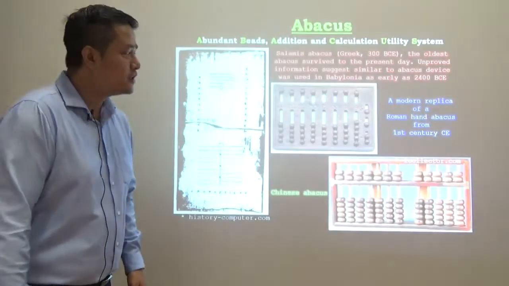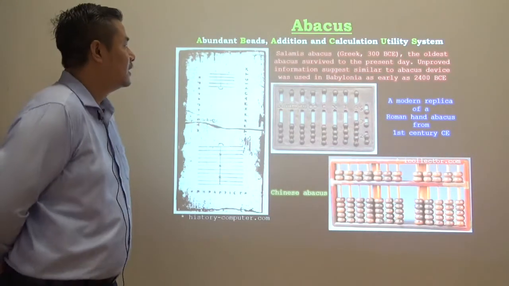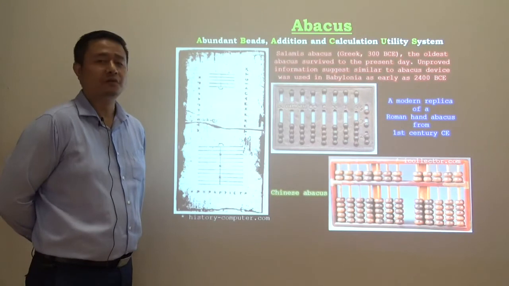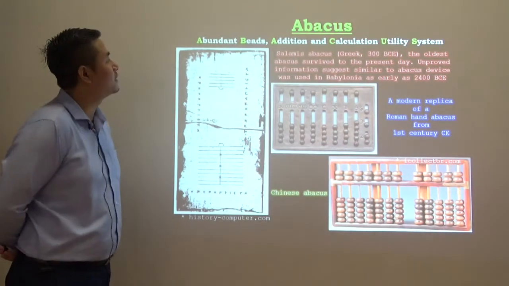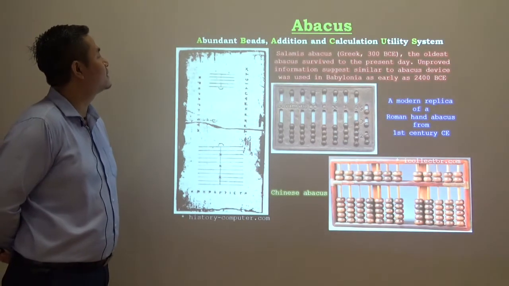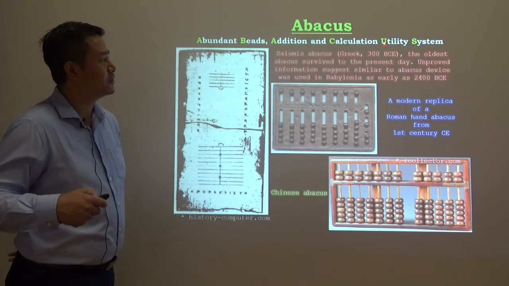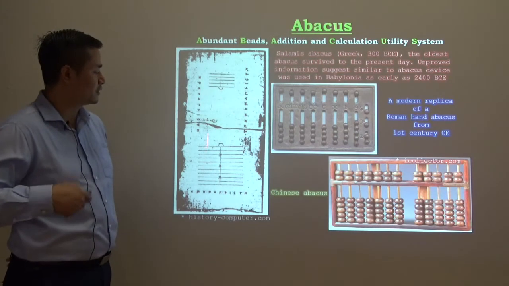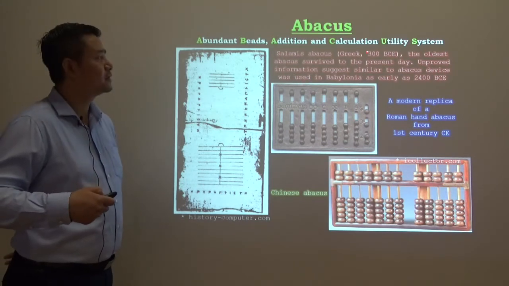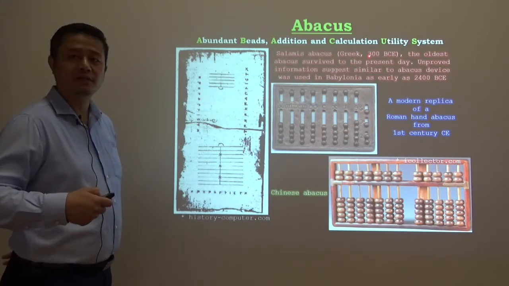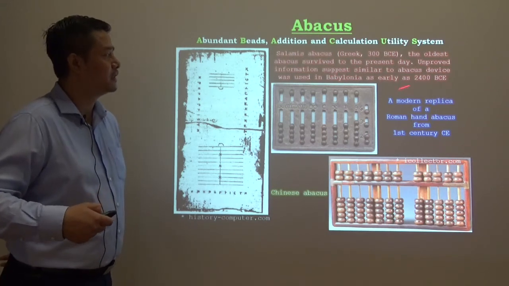So the first computation facility or computer of its kind, the first known, is the Abacus, which is an acronym. It stands for Abundant Bits Addition and Calculation Utility System, and this is the picture. This is the Salamis Abacus, Greek, 300 BCE, before Common Era, the oldest abacus to survive to the present day.